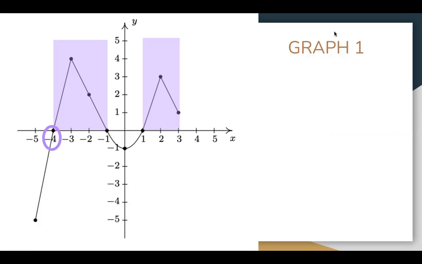So I start with -4, and then the box ends at -1. Then we have another box that starts at +1 and ends at +3. Therefore, my positive intervals are -4, -1, and 1, 3. Again, we only go off the x-axis numbers.